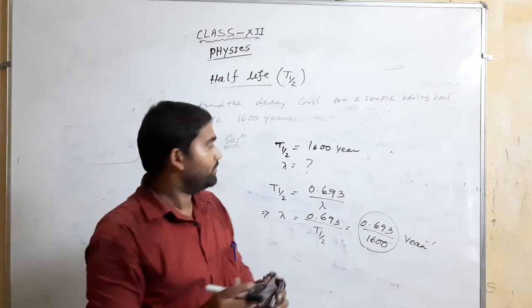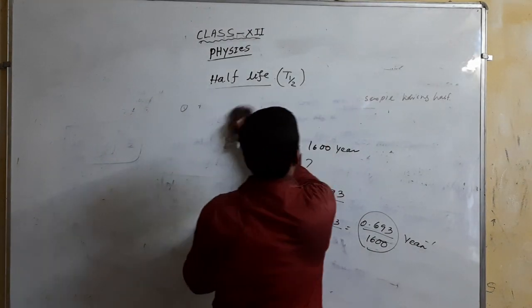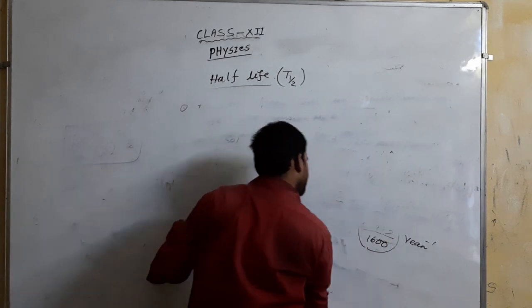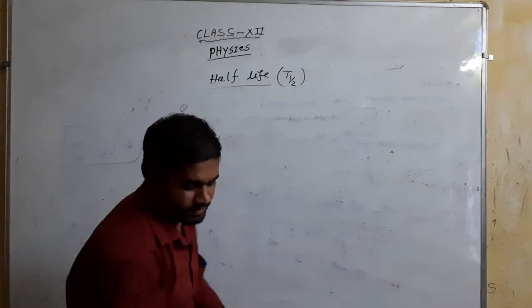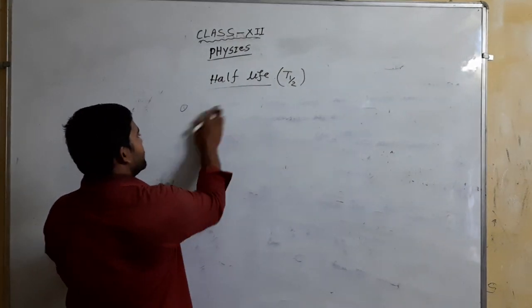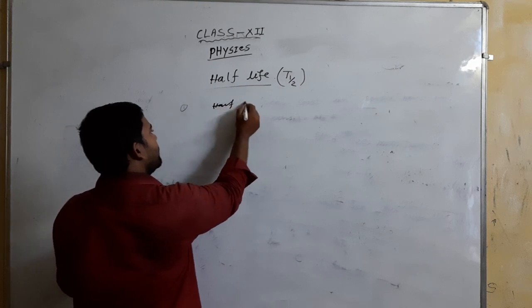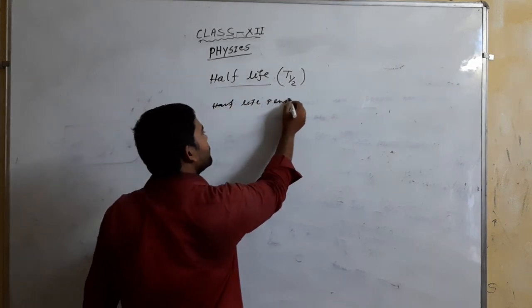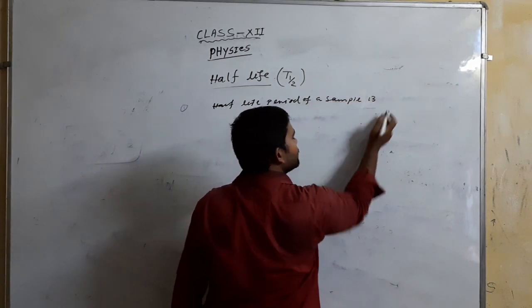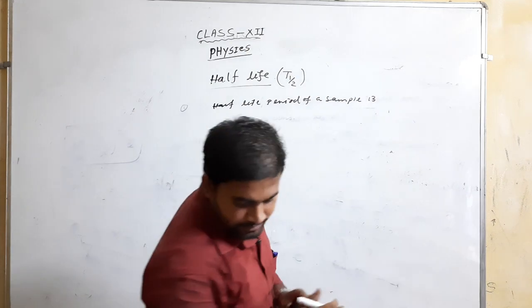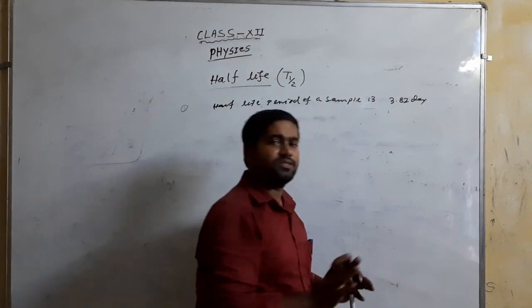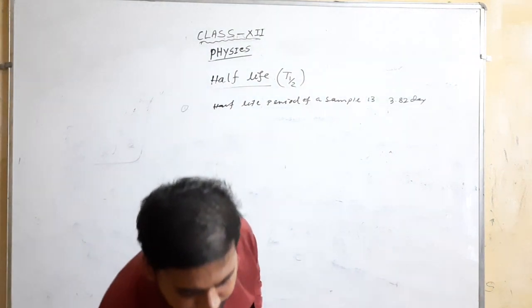Suppose we take another example: the half life period of a sample is 3.82 days. Here the unit is in terms of days.